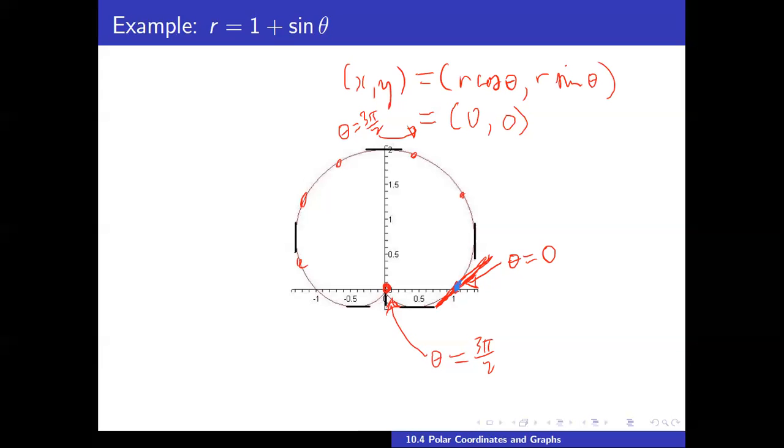I start right here, and I go in this direction around the curve, like this, okay? And then I'm back to the beginning once I get to 2 pi. It's interesting stuff. Okay, other questions?